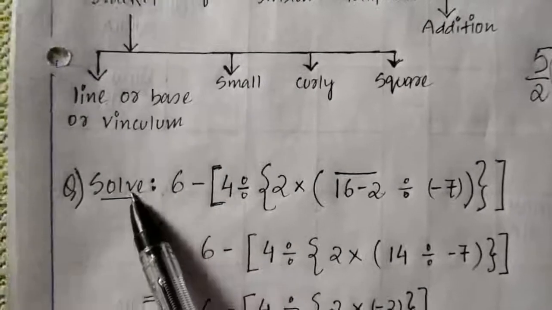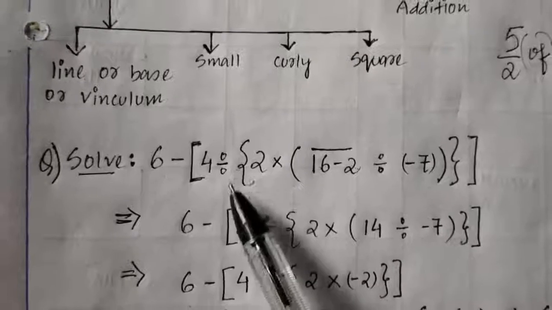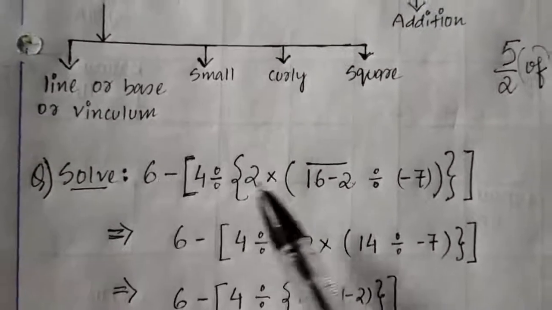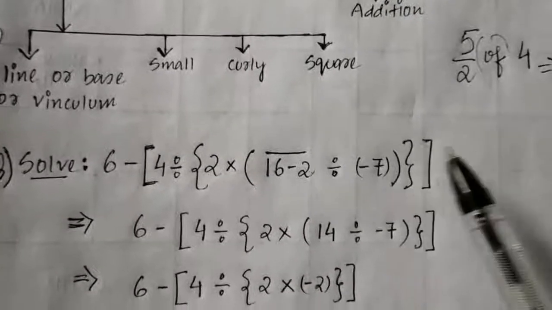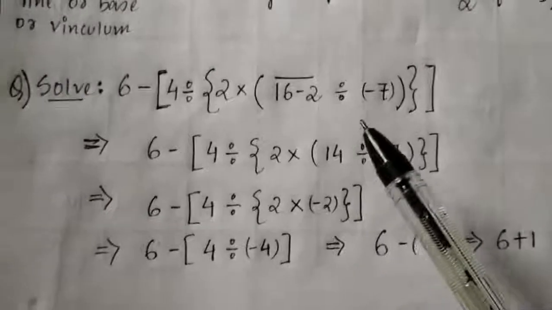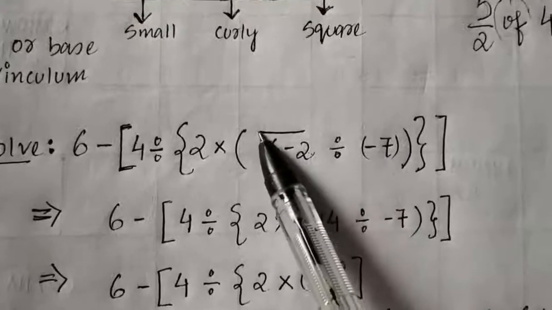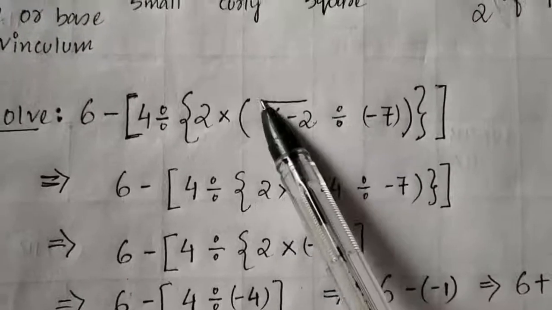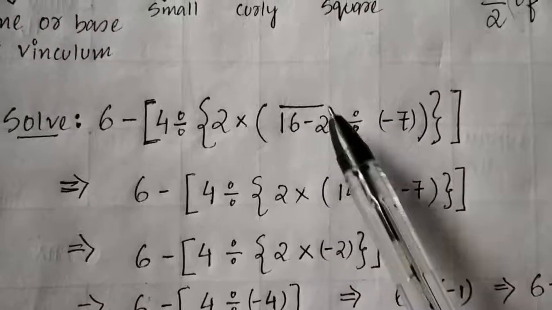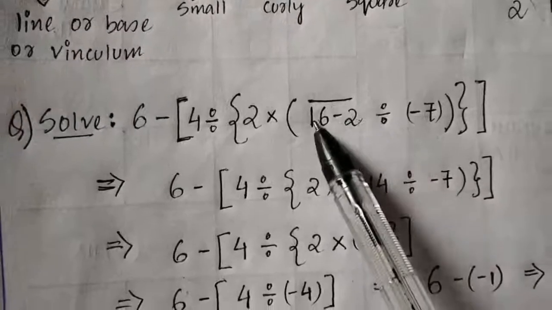Now let us take one example where the expression contains many operations, like division, subtraction, multiplication and brackets. Let us see how we will solve this kind of expression. First of all, we have to solve the bracket. In the bracket also, first we solve this bar bracket. Inside the line bracket, we have 16 minus 2.